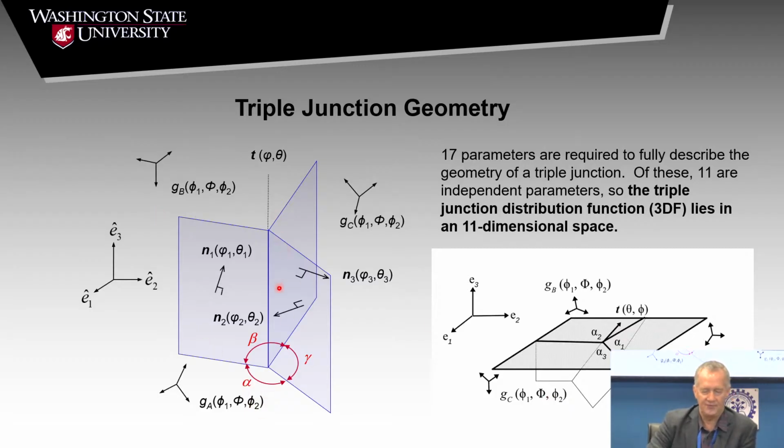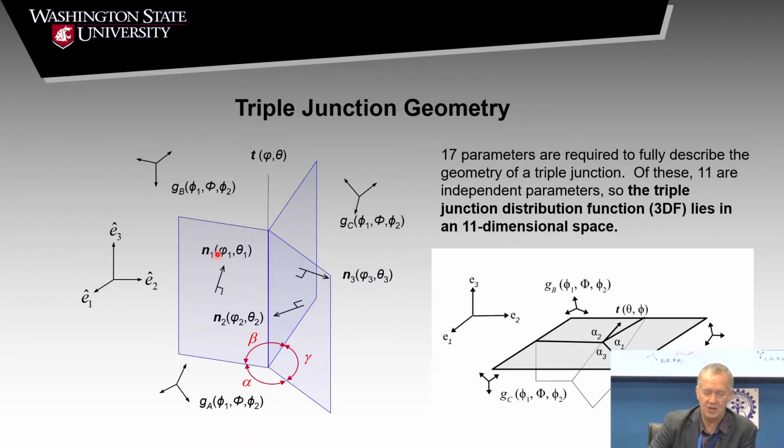Okay, so different features. We have the triple line orientation, which here I'm calling T, which I'll apologize in advance. I also use T for a scan line test direction. So I use T for 2 different things, so sorry about that. But T is the triple line direction. We have 3 orientations, A, B, C, and the misorientations.